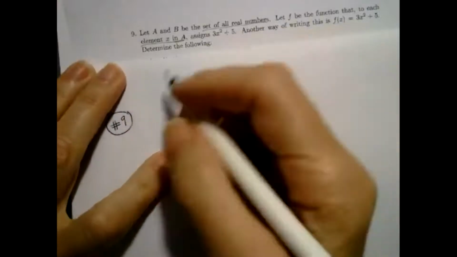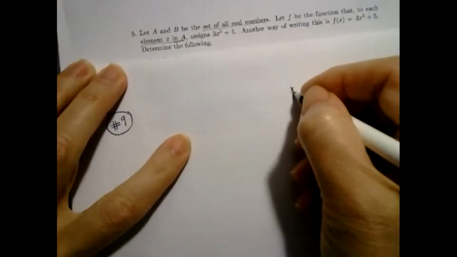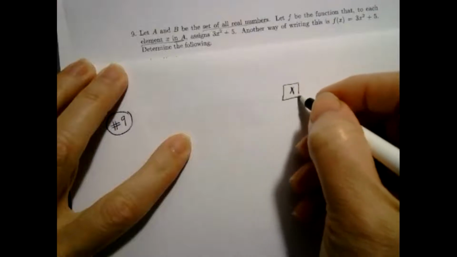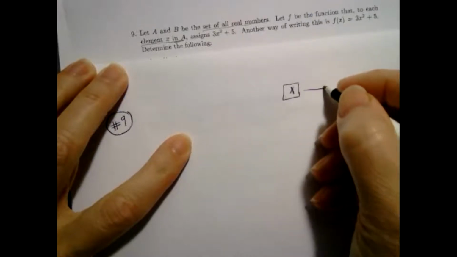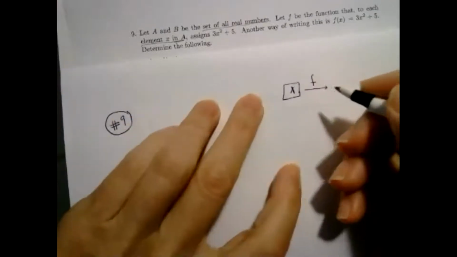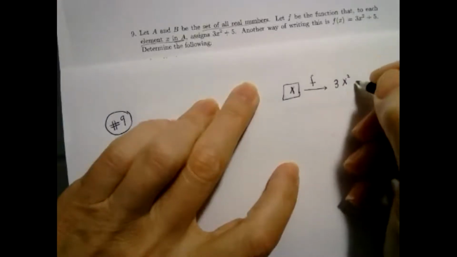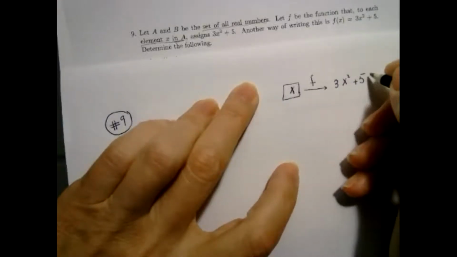So what are they basically talking about? They're talking about a function. It means it's a rule. What does this rule do? I keep this here so we see it. This rule is to every x in A. Now what is A? A is every possible real number. So to every possible real number, it's going to assign something. What does it assign? 3 times the number squared plus 5.